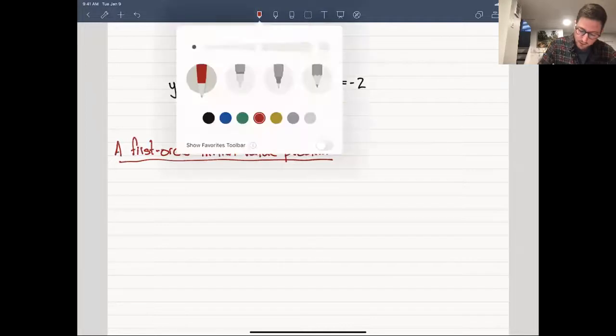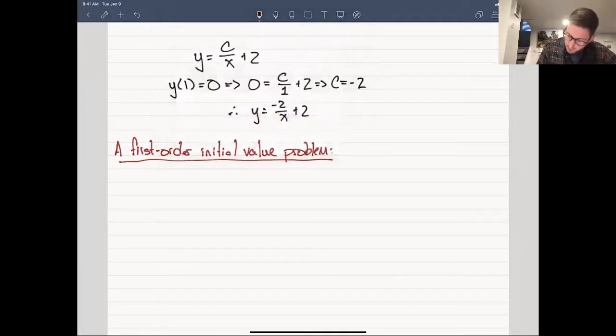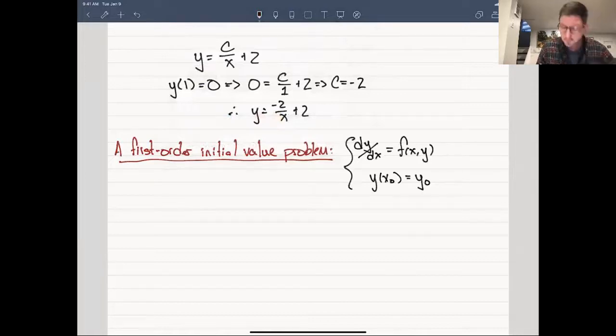That's an initial value problem. But basically, you're going to be given a differential equation, and you're going to be told that the solution has to go through some point. So this forces you to solve the differential equation and pin down a particular solution altogether.